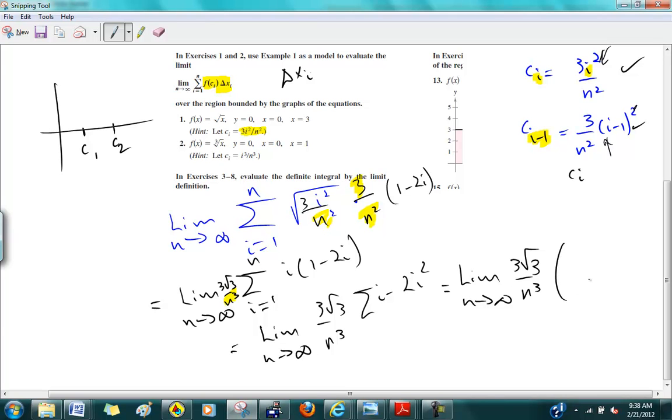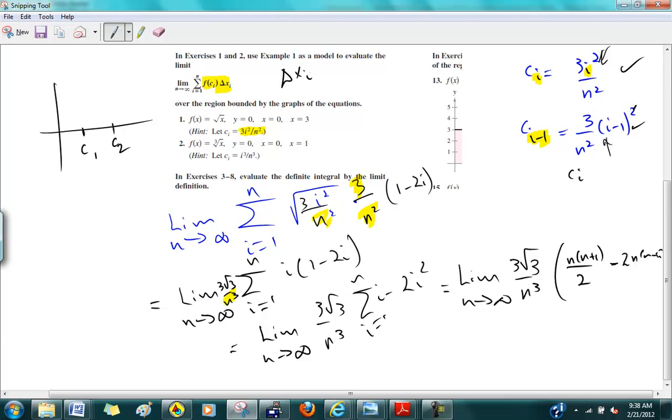What's sigma i, going from 1 to n? n times n plus 1 over 2, minus, what's sigma i squared? n times, all over 6.